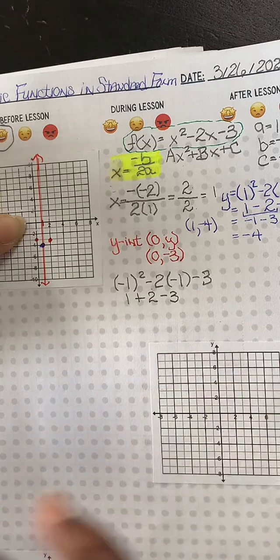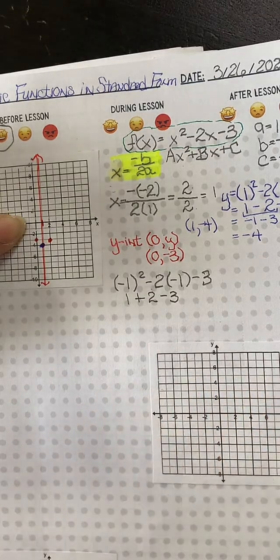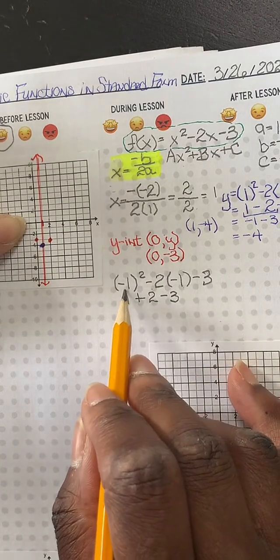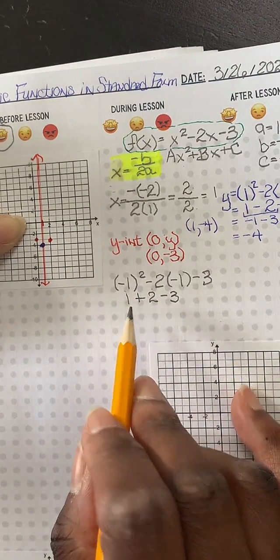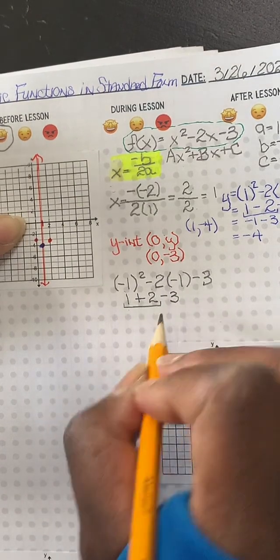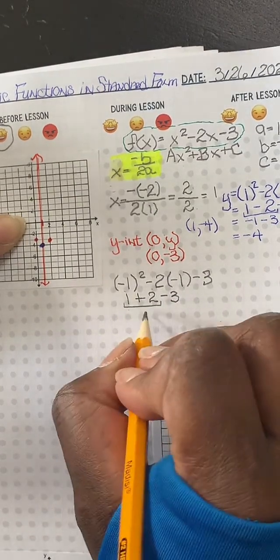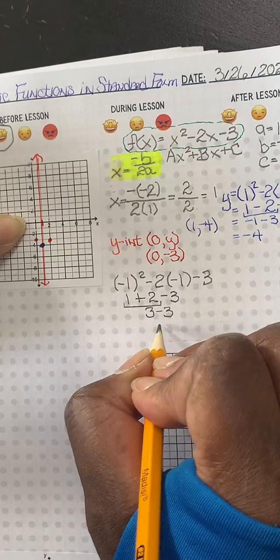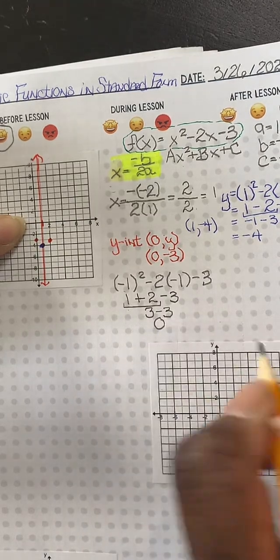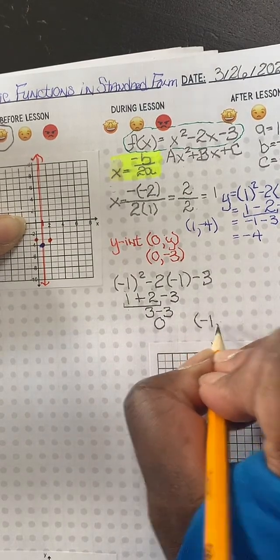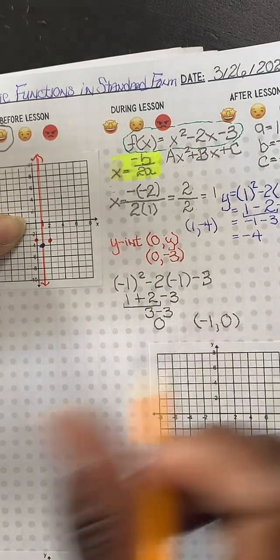Anytime you're substituting a negative number, just use parentheses. So -1 times -1 gives me a +1. Now from left to right, 1 plus 2 gives me 3. 3 minus 3 gives me 0. So the point that I just discovered was -1, 0.